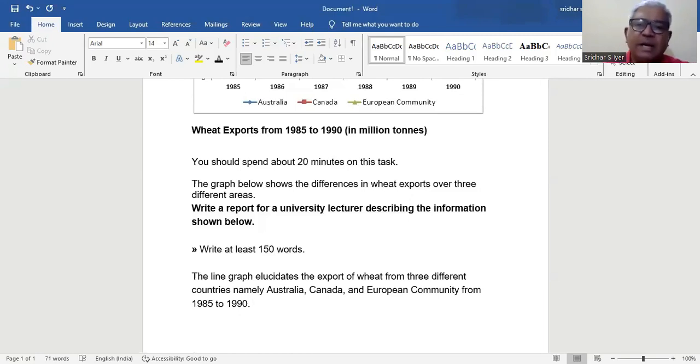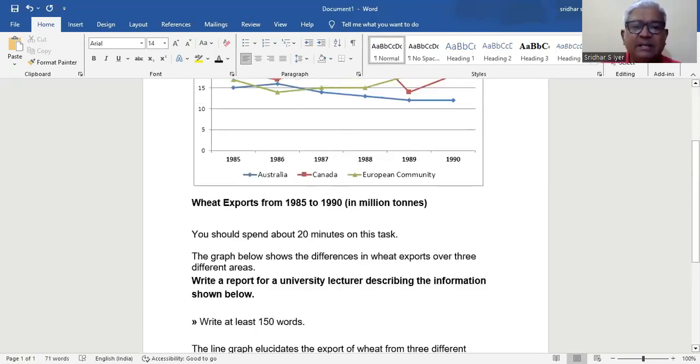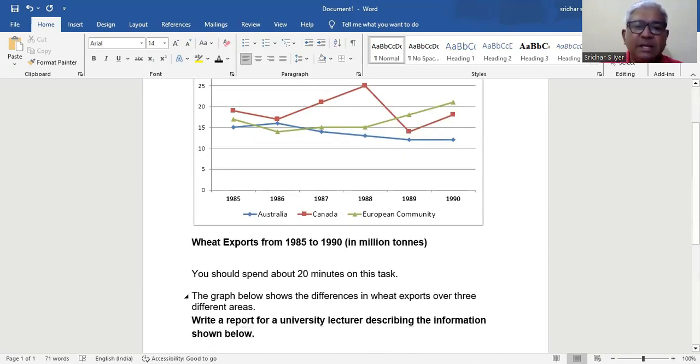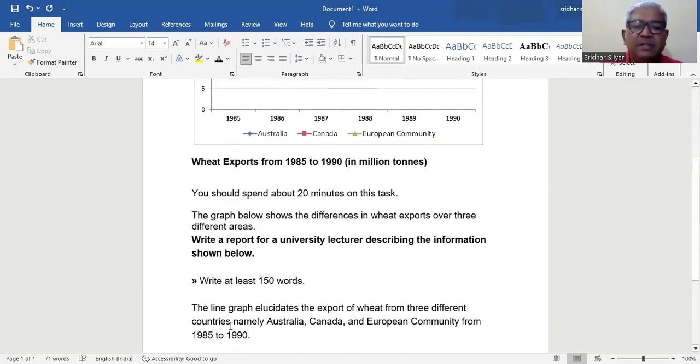We should not stop at that because we have to write at least 2 sentences. What do I see, similarity or differences, that I have to write? Now I see that Canada, or for that matter Australia, or for that matter European community, all were the same, but then there is an increase in Canada in the year of 1988 and in European community in the year of 1990. So something has some differences there.